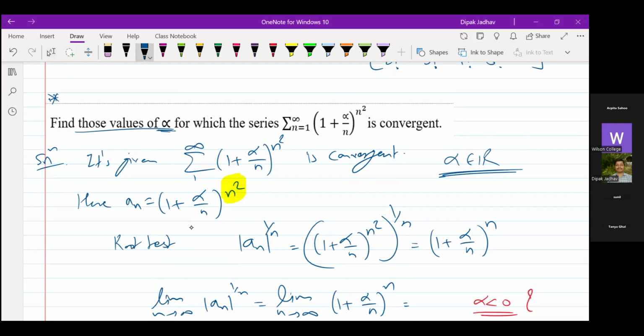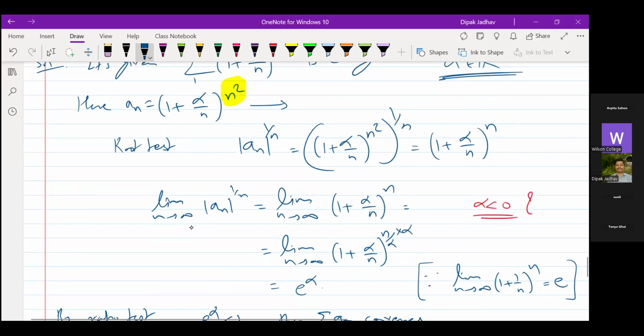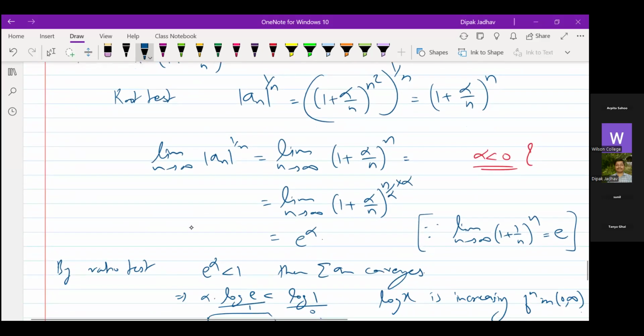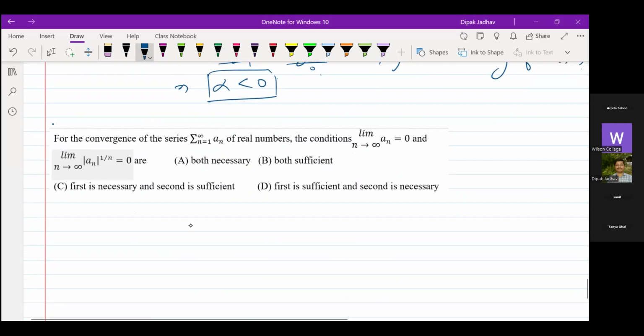What is the limit of a_n? You're asking the limit of this, no? The necessary condition says if your series converges, then a_n goes to 0. So what is the limit of a_n? Let me write here.